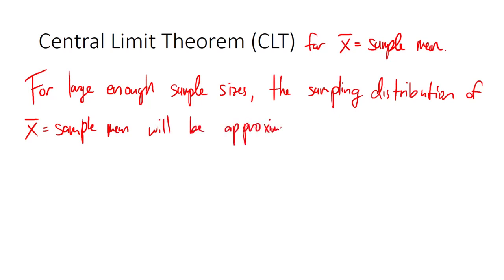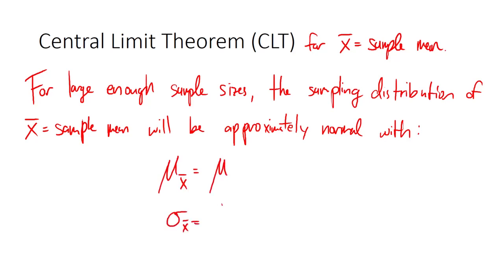We didn't see exactly bell-shaped, but it's pretty close. Normal distributions have a mean and a standard deviation. So the mean of the sample means would be the true mean, and the standard deviation of the sample means would be the standard deviation.